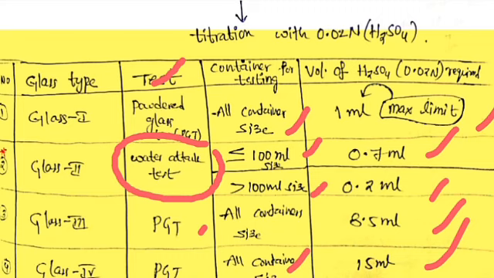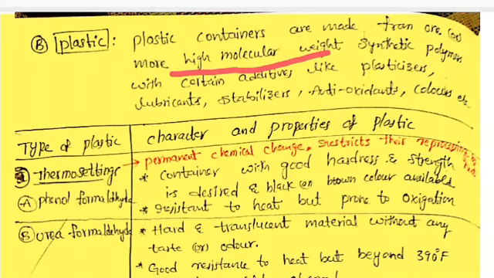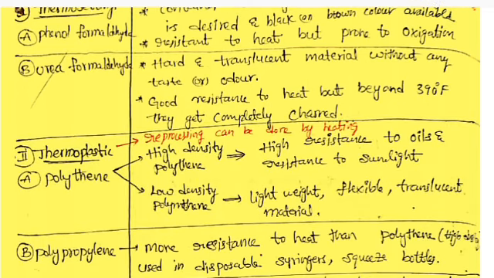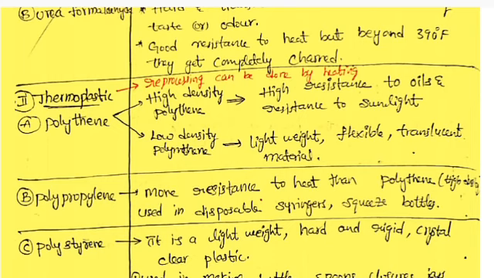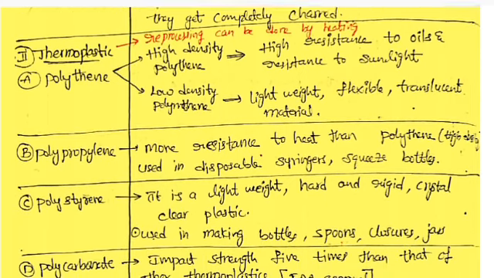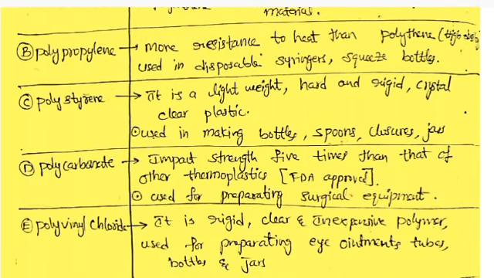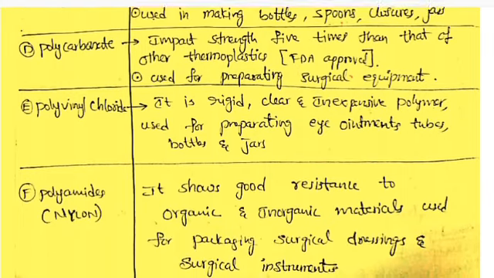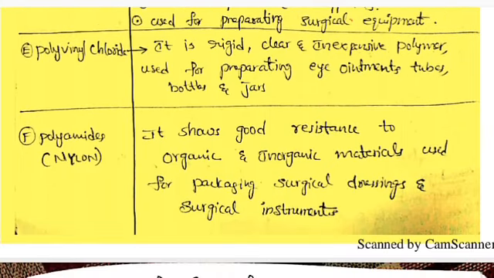A permanent chemical change that resists reprocessing is called thermosetting plastic, whereas a thermoplastic is one where reprocessing can be done by heating. These are the two types of plastics we have, and I have also given examples along with their importance. Please go through it, because there is no question arising on these things. Sometimes they may ask what the composition is.